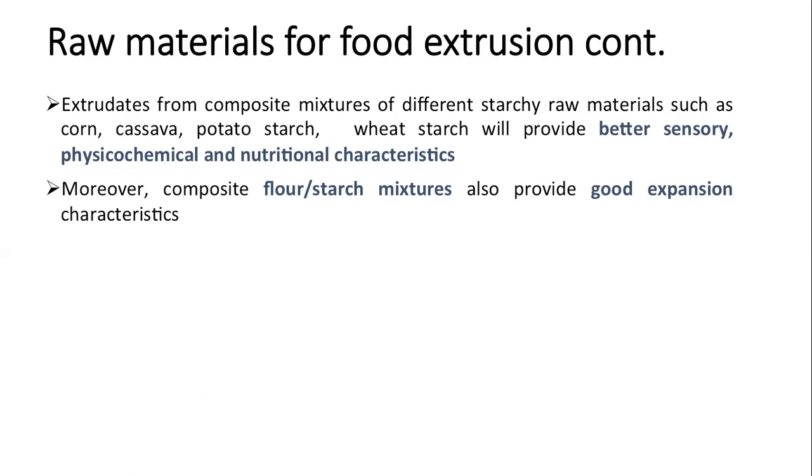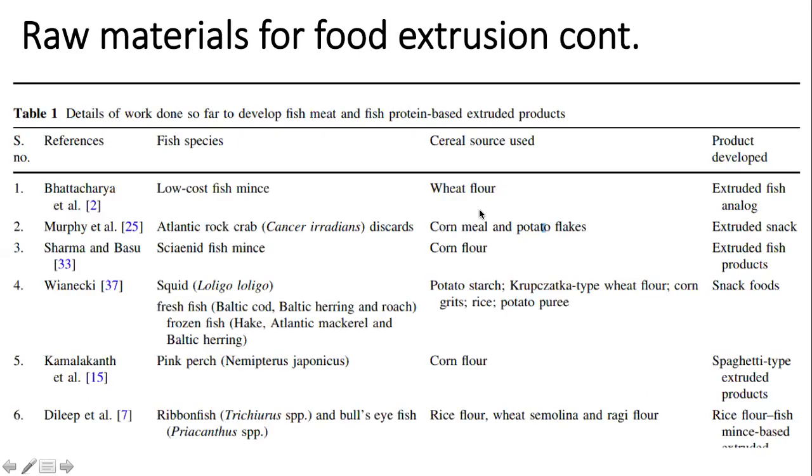So we can do some value addition by incorporating some nutrition, right? Composite flour mixtures we can use to get a good expanded food product, meaning a proper quality food product. But basically we use starch and flour. Most commonly we use wheat flour and wheat starch in Sri Lanka, right?